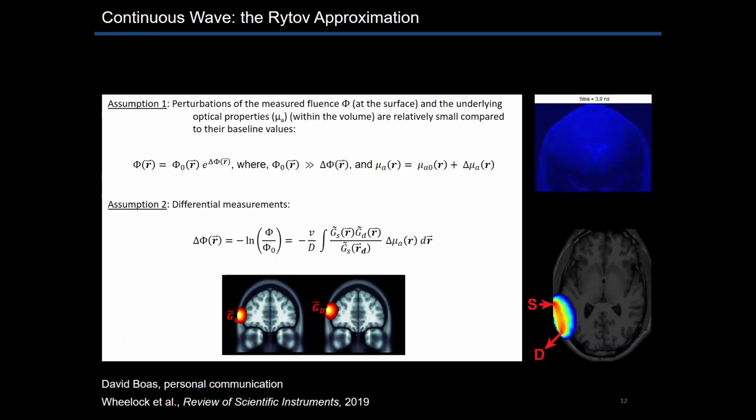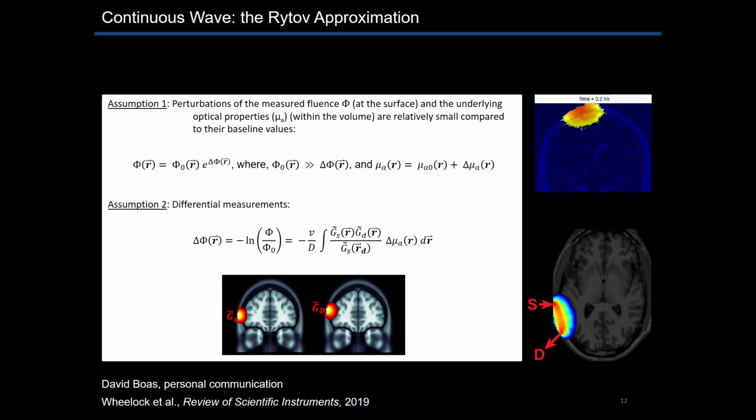So that median is what phi naught is. So you can relate differential changes in light level to differential changes in mu A, again local changes of oxygenated and deoxygenated hemoglobin, times these Green's functions, which are stationary.